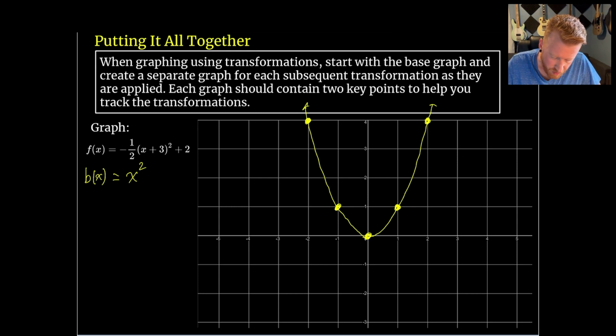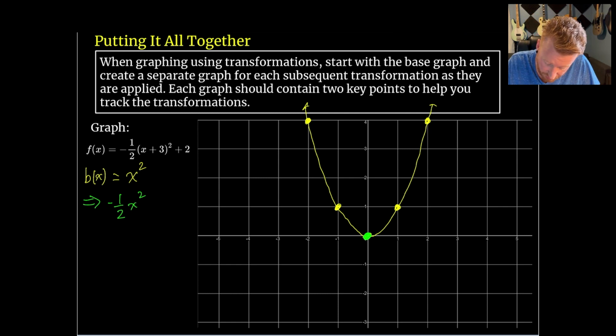So the first thing that we're going to do here, as I said, is look at this -1/2 of x squared, which means that every point here is going to be compressed by a factor of 1/2, and then flipped across to the other side here. So what that's saying is, if I look at 0 as my input, I will square that and multiply that by -1/2, and I still get 0.